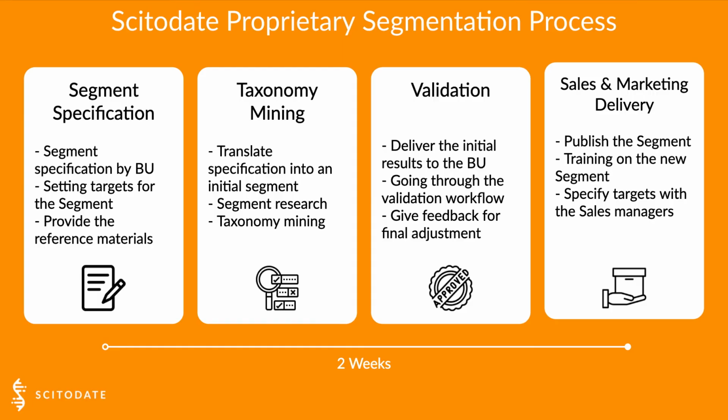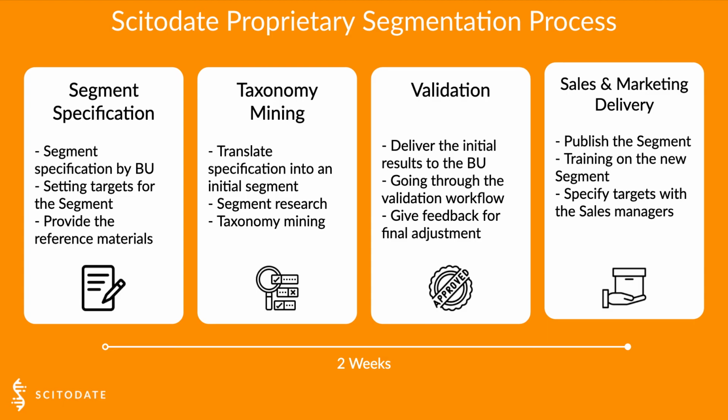You could create segments, and segmentation of the market is a huge part of Site-to-Date. It had a four-step process: segment specification, taxonomy mining and validation, sales and market, and delivery. This has been done for all of our customers.